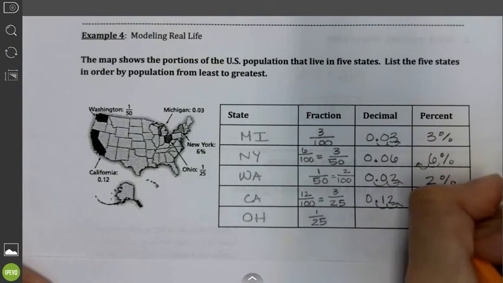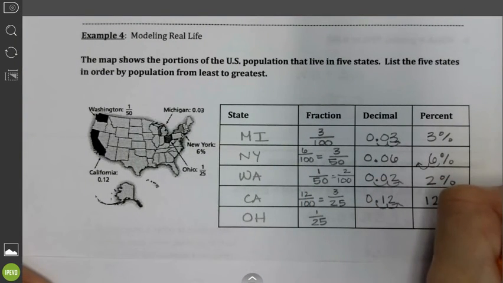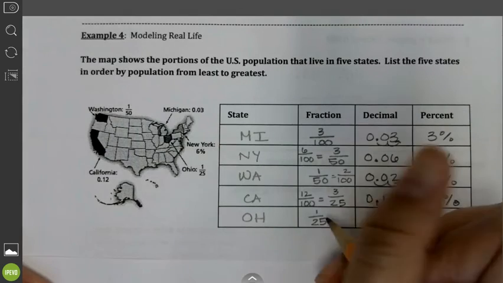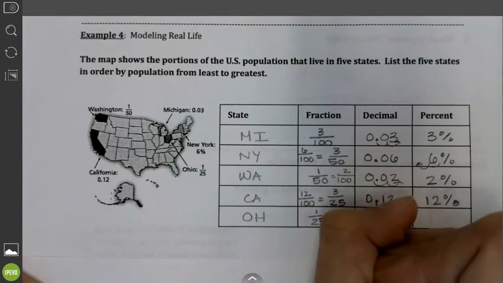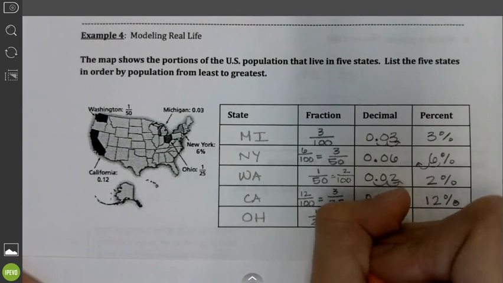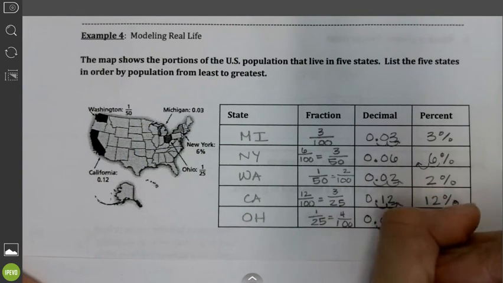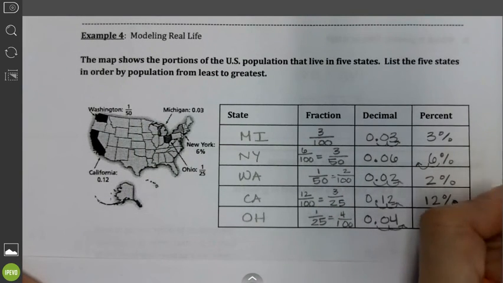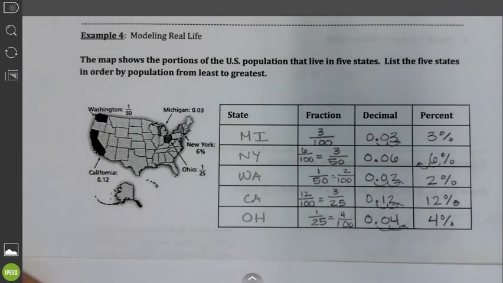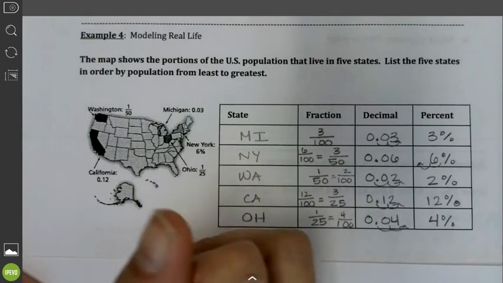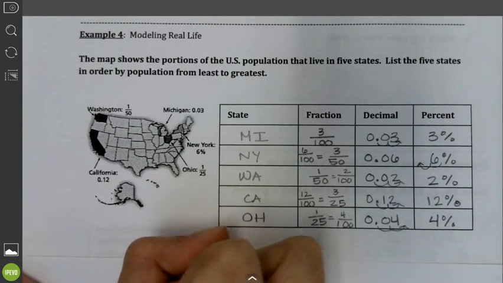And we move the decimal 2 places to the right for our percent. And last one, get this a denominator of 100 by multiplying by 4. That gives me 4/100ths, or move the decimal 2 places to the right, 4%. So we are ordering from least to greatest for population. So Washington looks to be the lowest.